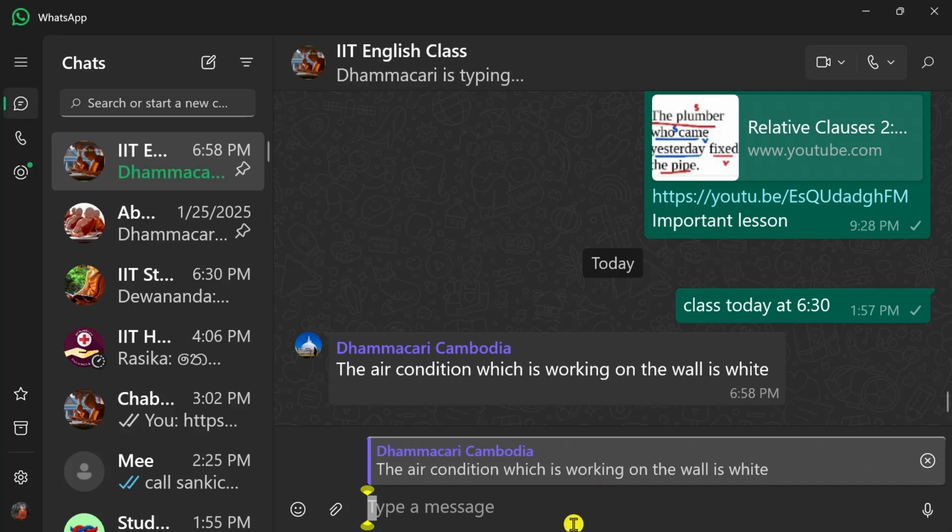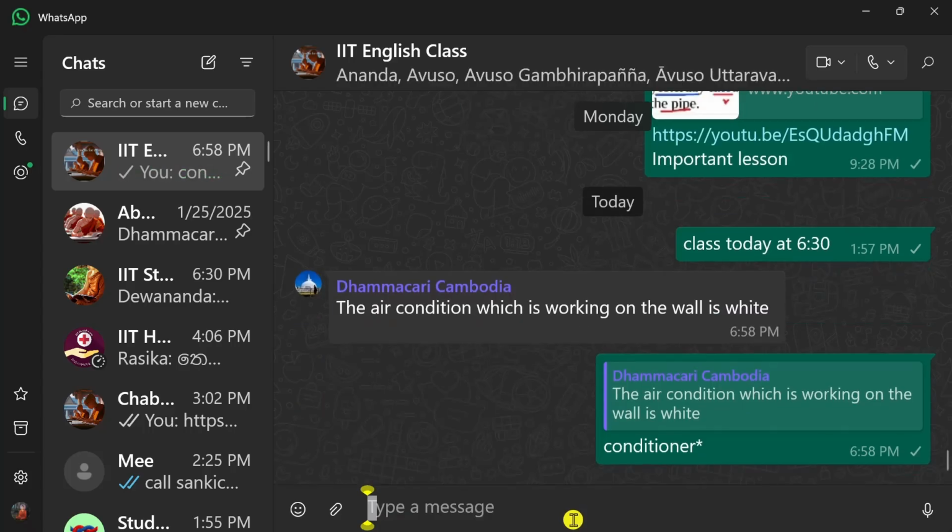We say conditioner. Yes. The air conditioner, which is working on the wall, is white. Yes, but now try to make one with which as an object, and then you can remove that which.